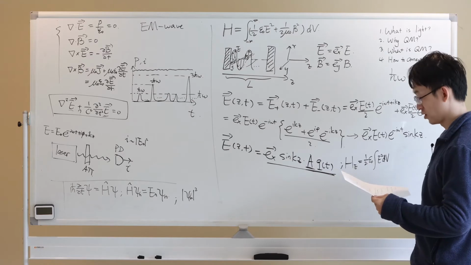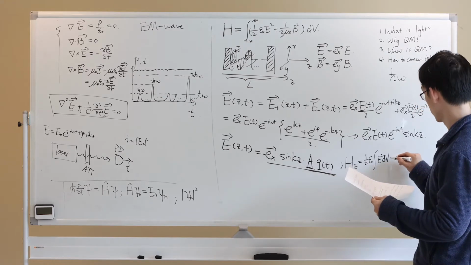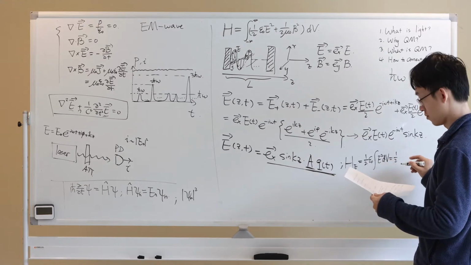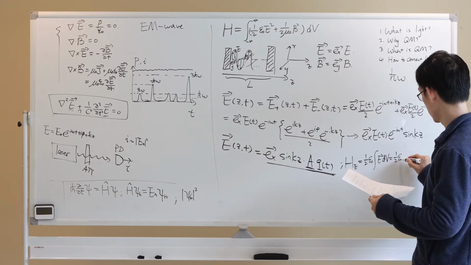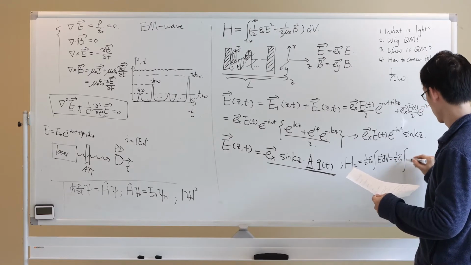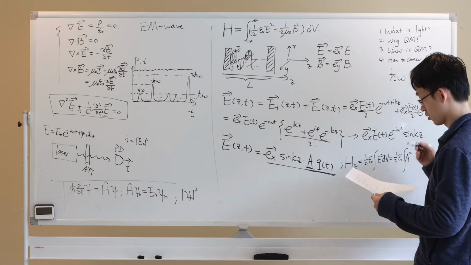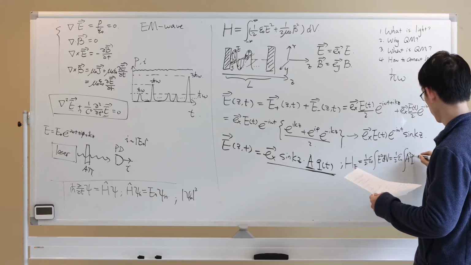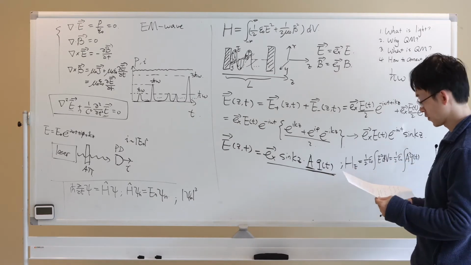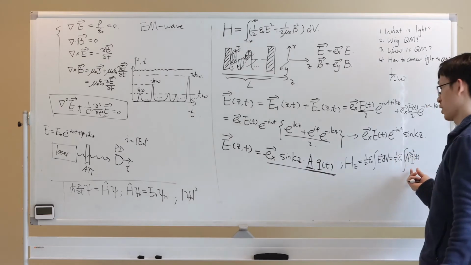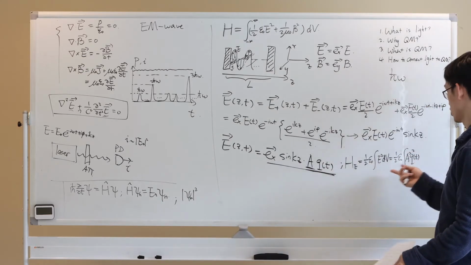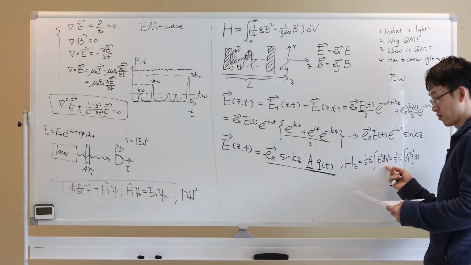E square dV, and this gives you epsilon. There's A, which is a coefficient. Q of t doesn't really matter. Well, Q of t matters, but it's not a function of position, right? Because you're integrating over the volume.